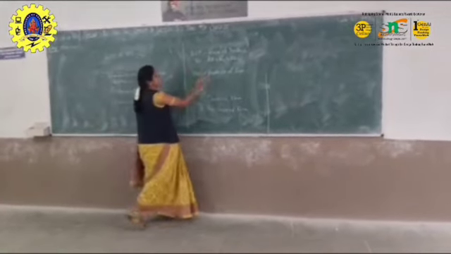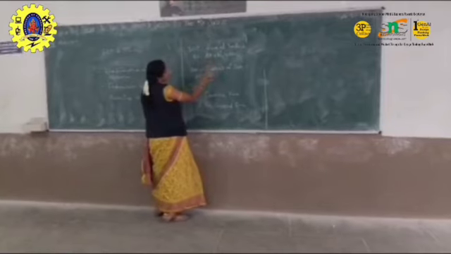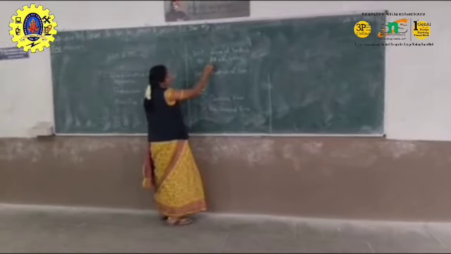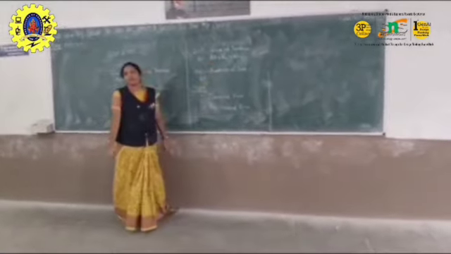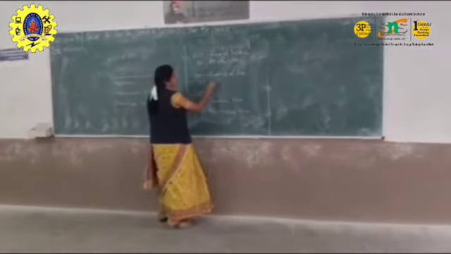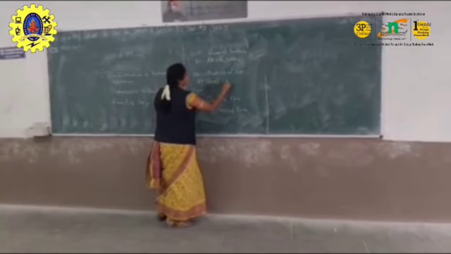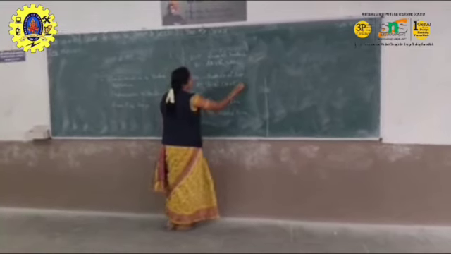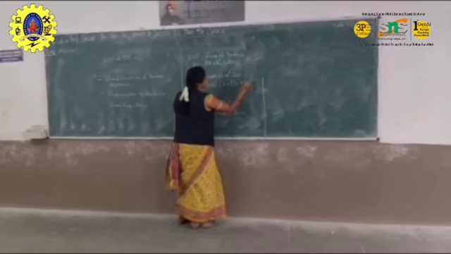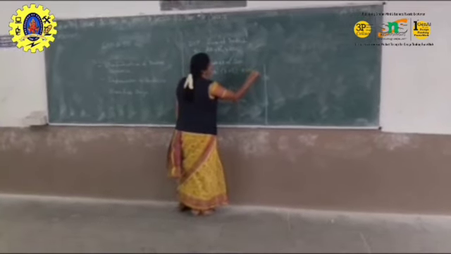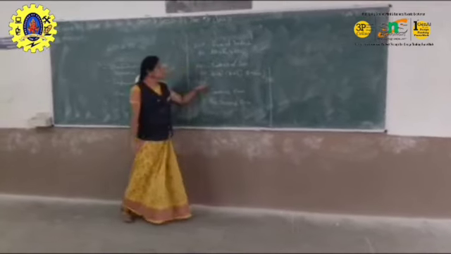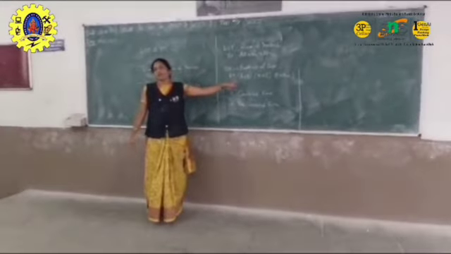For example, we can translate this equation into POS form: A plus B into B plus C bar into A plus B plus C. So this is the product of sum form.